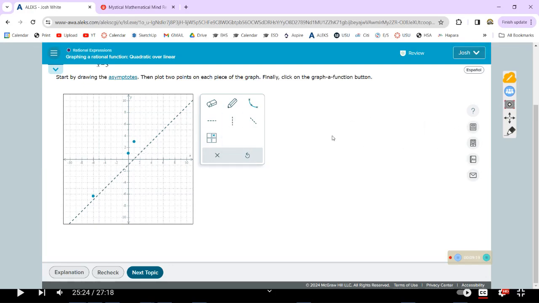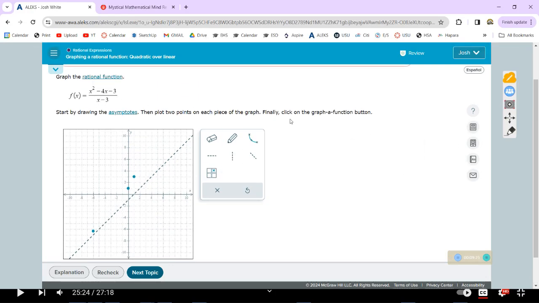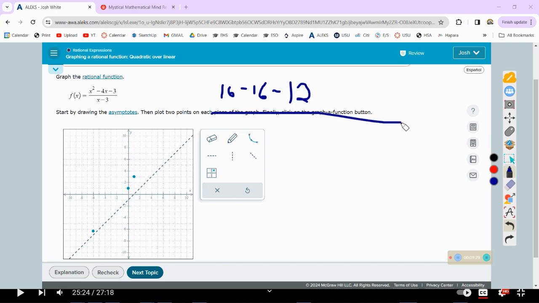Okay, let's try 4. So if we plug in 4, I get 16 minus 16 minus 12 over 4 minus 3 is 1. So that's off the chart.